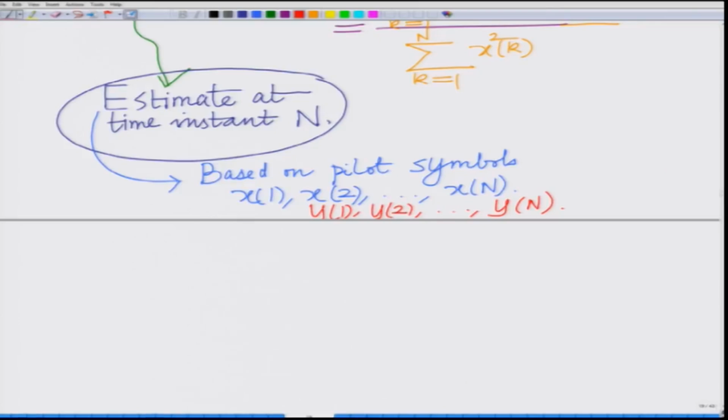Okay. So, also now the variance of the estimate at time instant n, remember we have also calculated the variance.